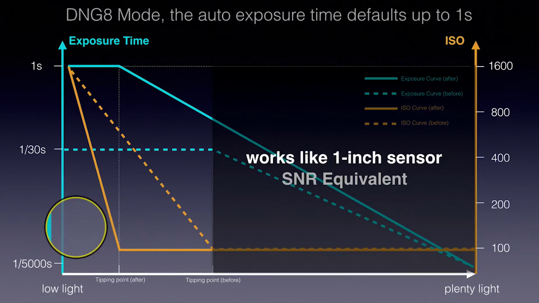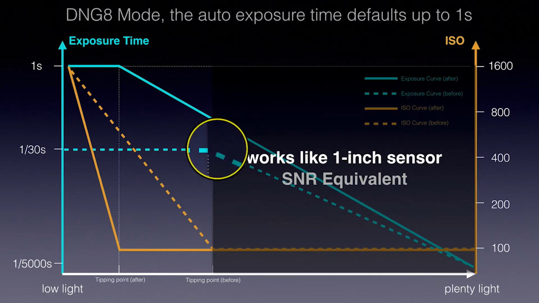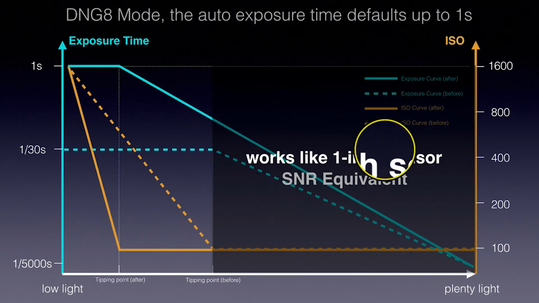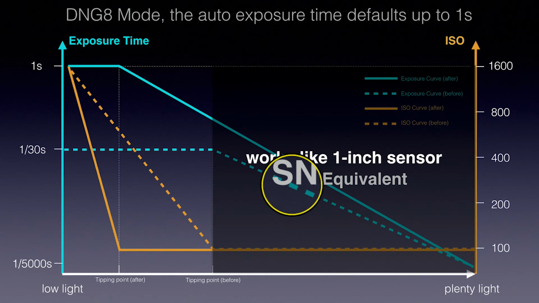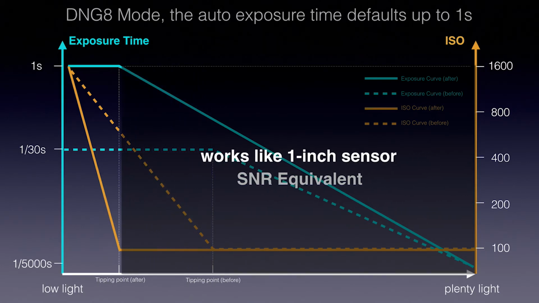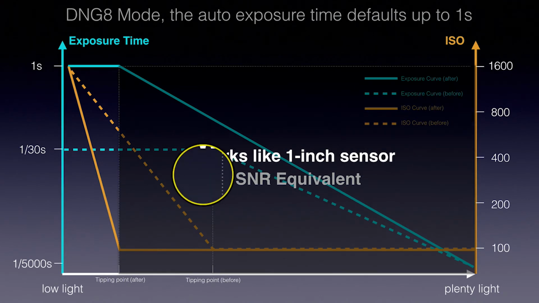So this is before. In this area, your QooCam will work like a 1-inch sensor, with the signal-to-noise ratio equivalent. And after this firmware upgrade, the capability of the QooCam has been extended to this area. So when you are shooting in the dark at night, now the auto mode is more capable than ever before.